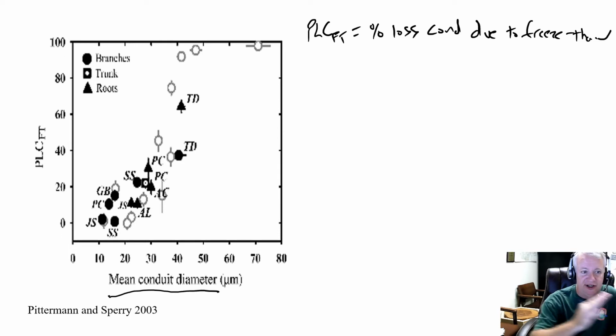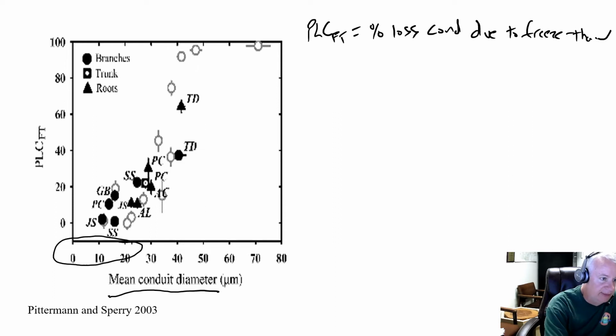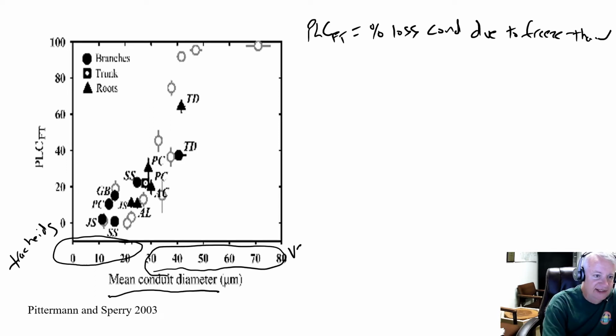So larger diameter conduits going to the right, where these values down here are probably tracheids, and these values out here are vessel elements. And there's overlap between them.